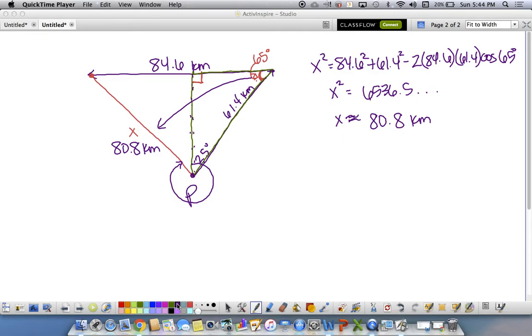So how are we going to find that angle? Well, if we had this part, we would know the others. The whole thing is 360 if we knew that little piece. So how are we going to find this angle?